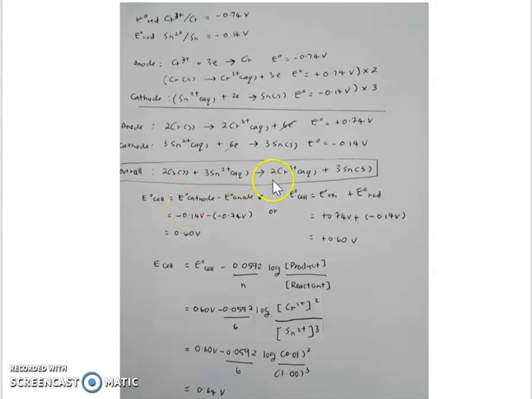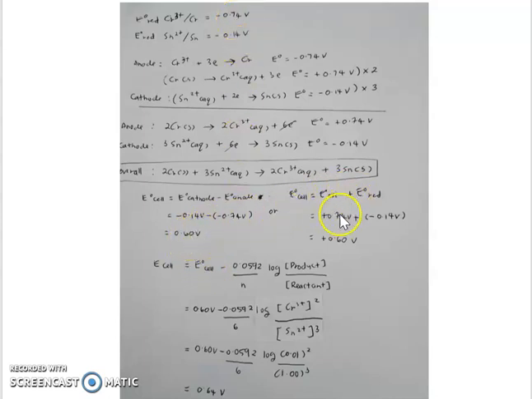For E naught cell, we have two formulas, so you can choose which one to use. First, E naught cell equals E naught cathode minus E naught anode. The cathode is stannum, so negative 0.14, minus anode chromium, negative 0.74, and you get 0.604.